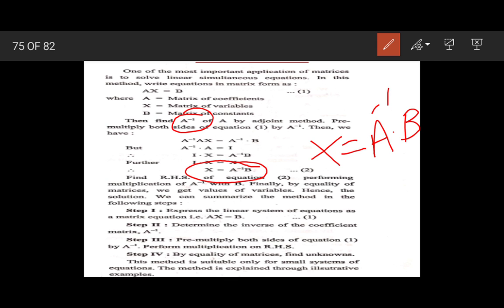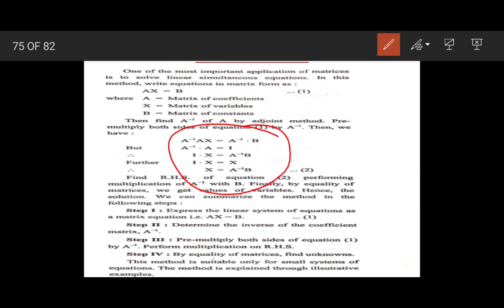Okay, how are we getting this? Now see, as we have AX equal to B, and we had already written the equation in matrix form, now on both sides pre-multiply by A inverse.